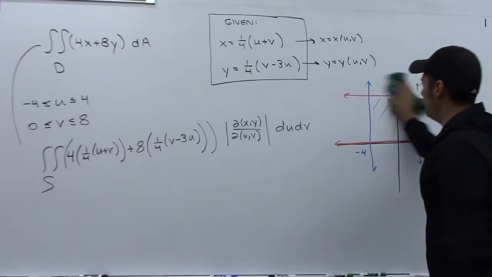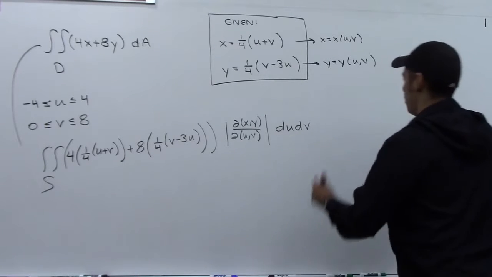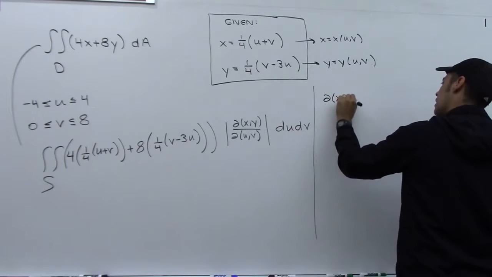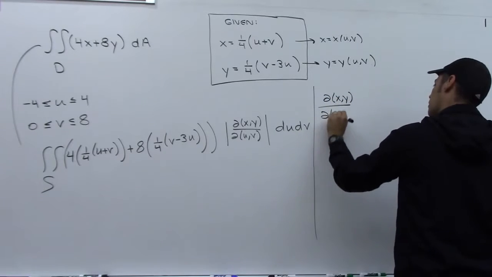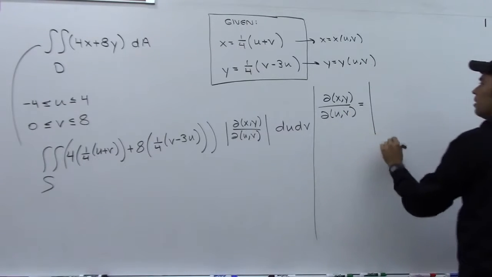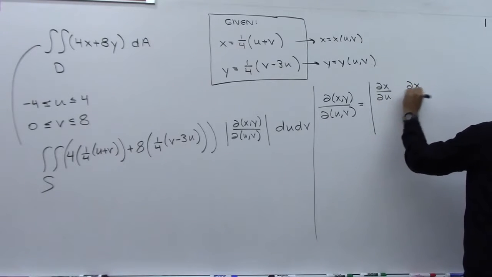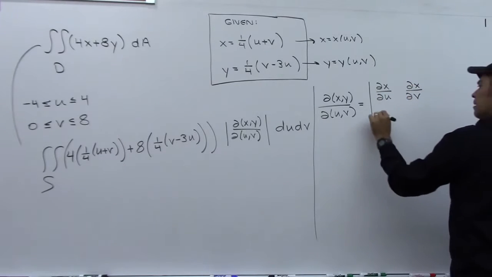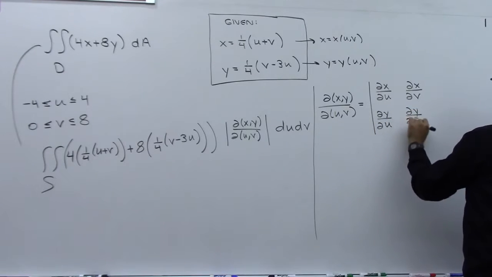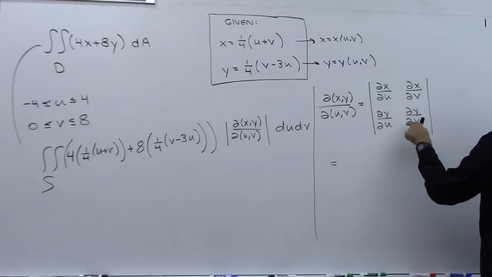So what is my Jacobian? Well, the Jacobian, partial xy, partial uv, is equal to the determinant of partial x with respect to u, partial x with respect to v, partial y with respect to u, partial y with respect to v, which we said just a second ago was this times this minus this times this.